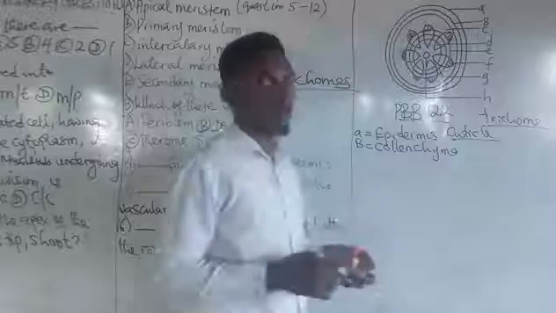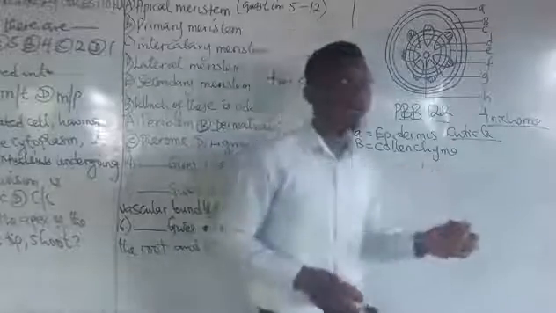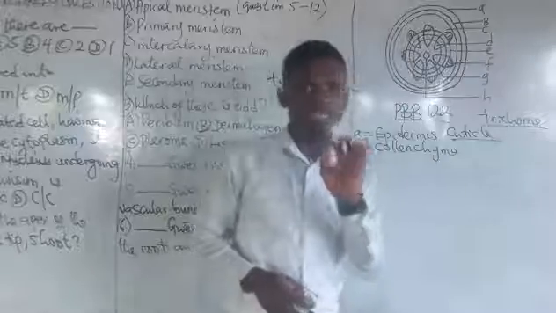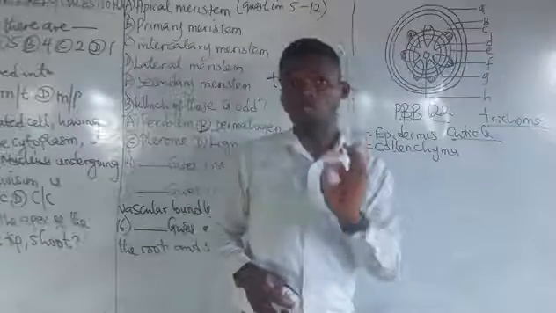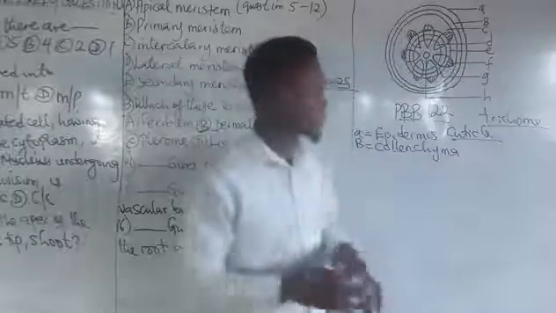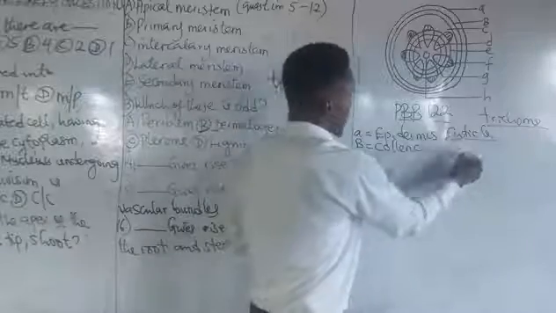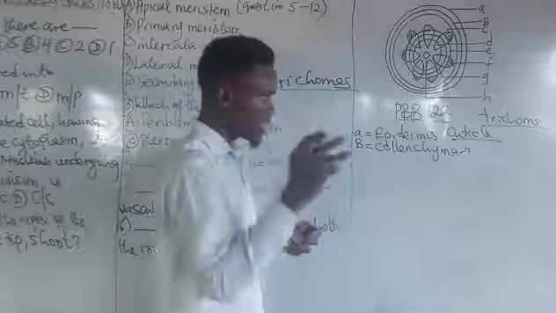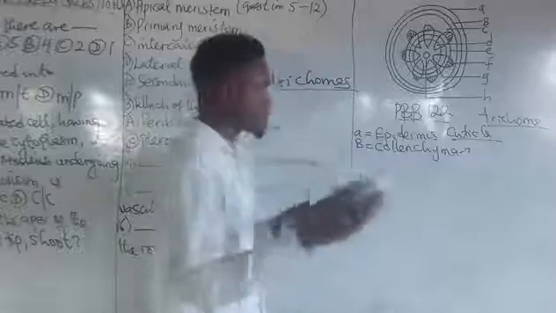What is the function of the collenchyma? The collenchyma provides flexibility. It provides rigidity and what? Elasticity. Please take note of that. Now, listen. Let me say this to be much more specific.